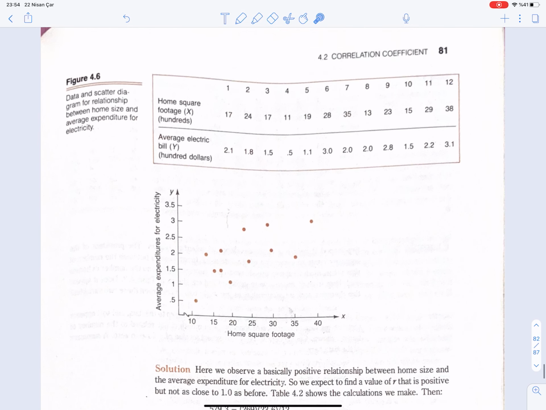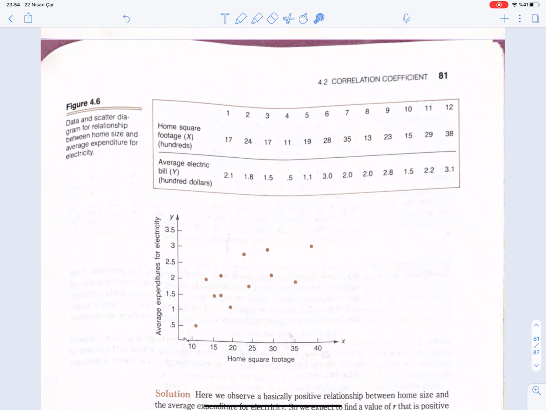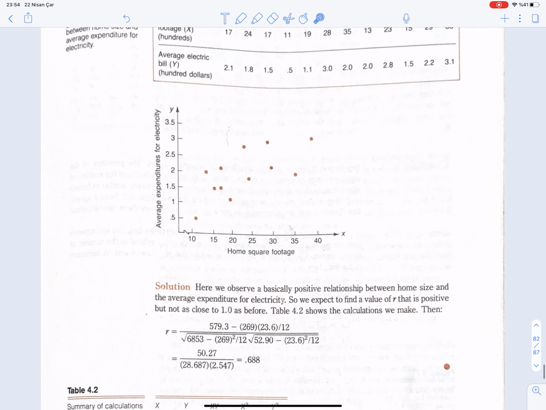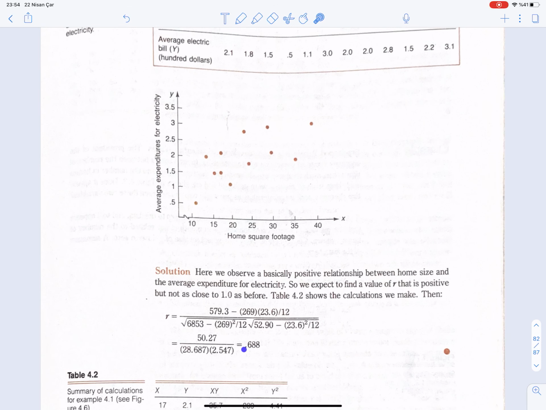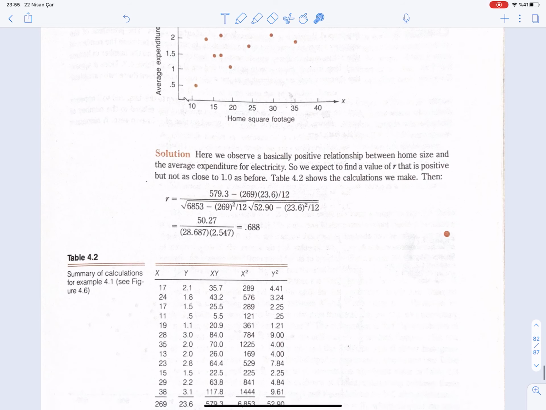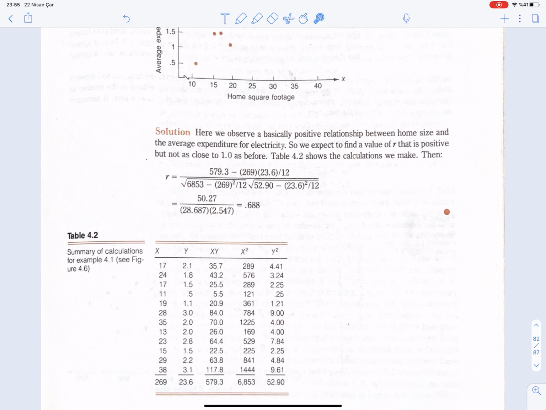If you draw a scatter diagram, you'll see that you have a linear relationship. I'm expecting it to be very high, which is 0.688.